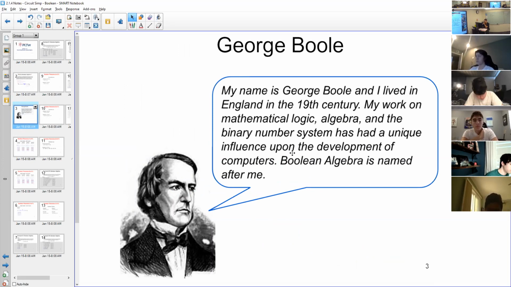And since binary number systems ended up being used in computers well after his life, the name Boolean algebra was given to honor him, because he was one of the first mathematicians to really use a binary system even prior to the existence of true computers. So Boolean algebra is named after George Boole. That's why it has kind of a funny name.